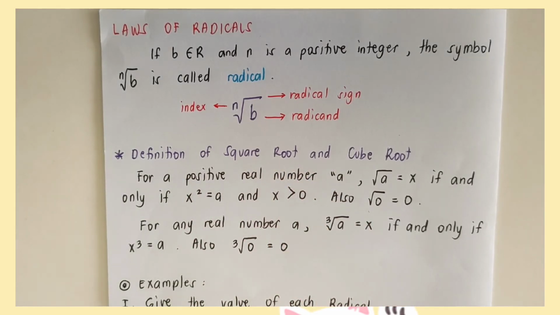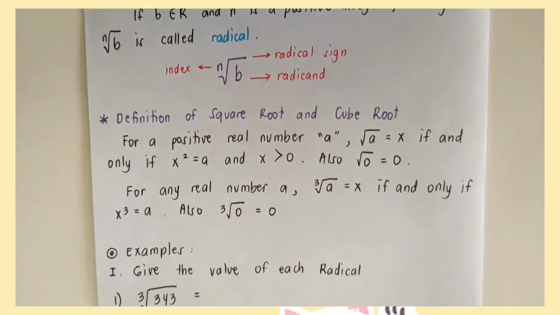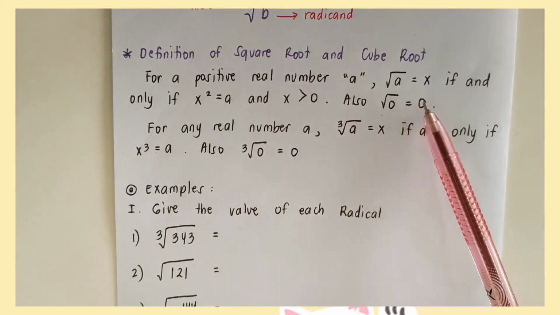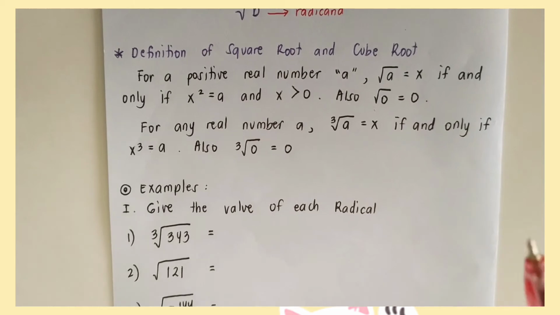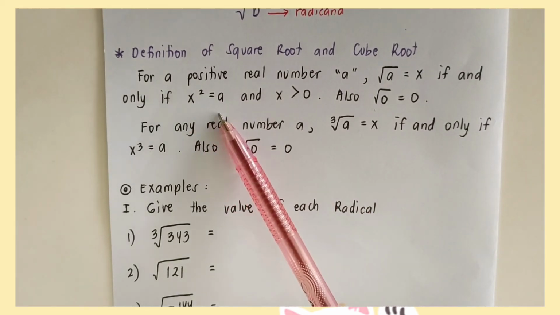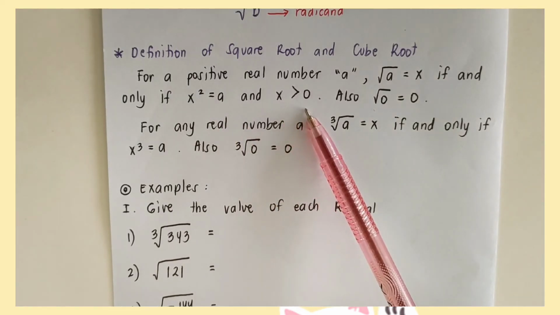Take note, class, that we are done with perfect square and perfect cube numbers during our first quarter lesson. For a positive real number A, the square root of A is equal to x if and only if x squared is equal to A, and x is greater than 0.